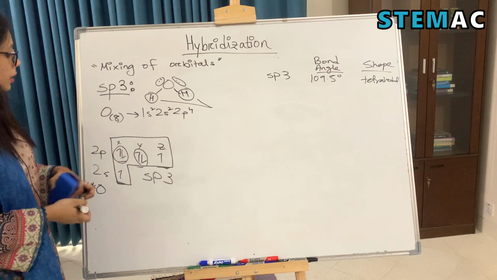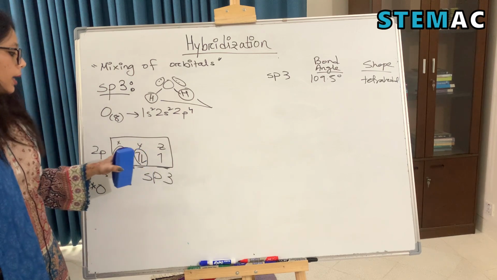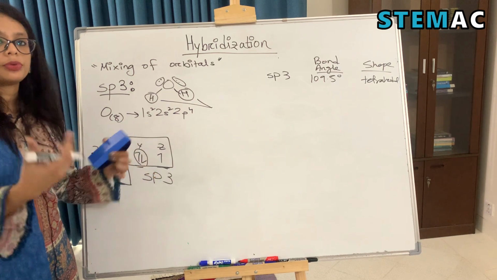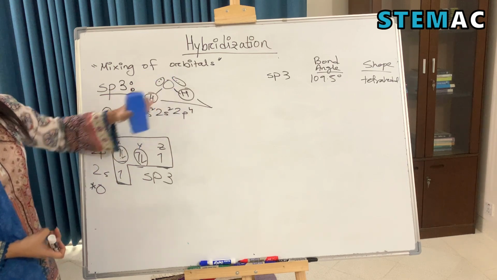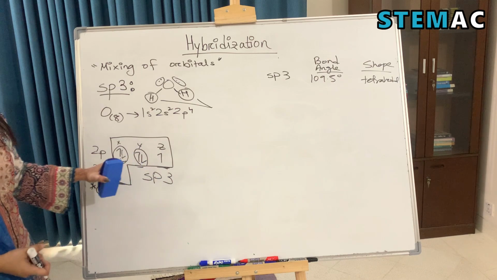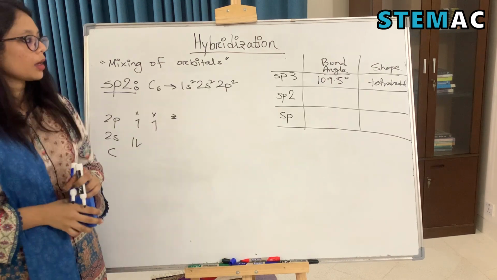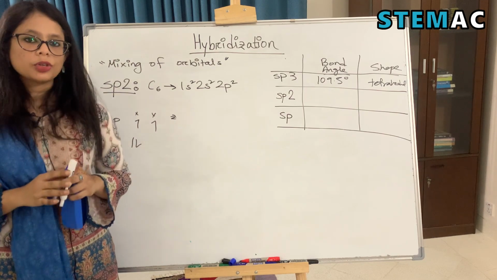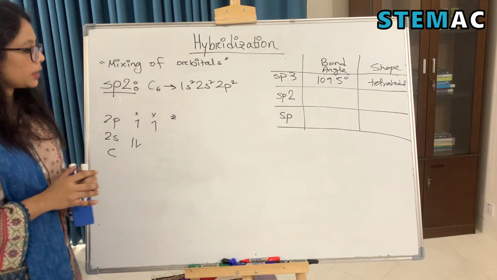Although they are not taking part in the reaction, they are present in the outermost shell, and they are important for fulfilling the octet. So in water, the oxygen is forming sp3 hybridization with its 1s and 3p orbitals. Okay, so I hope your concept about sp3 hybridization is clear now.